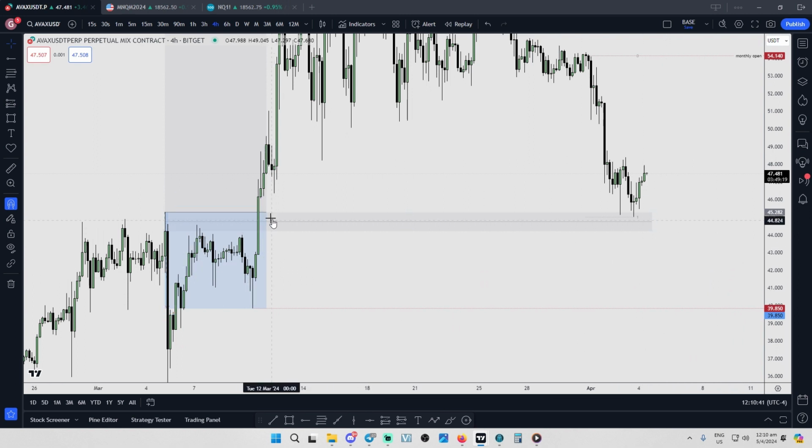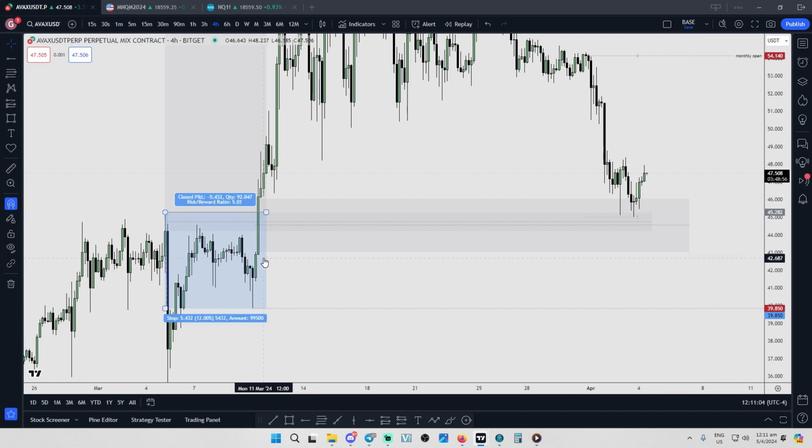For example, if price closed below 50% of this BC here, that would be your early sign, right? Your soft invalidation. If price trades and closes below here on the 4-hour time frame, that would be your early invalidation, where you'll be considering, okay, should I close this position or should I lower my risk, right?